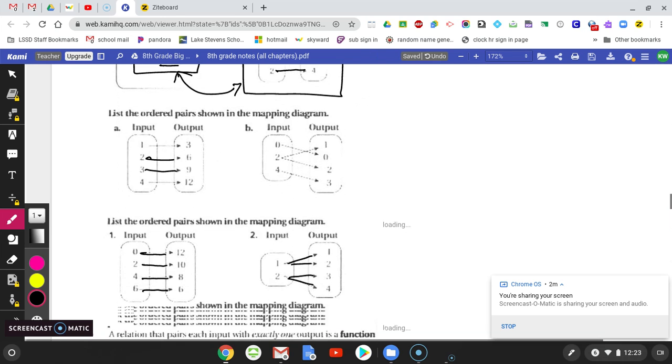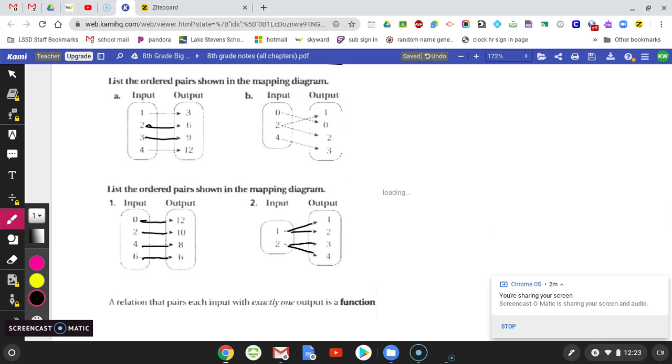So if I give you these input-output tables for A and B, you should be able to write them as coordinate points. And this shouldn't take very long because you're literally just taking the input-output and putting it as a coordinate point. So you have 1, 3, 2, 6, 3, 9, and 4, 12. That's it. That's all you're doing.